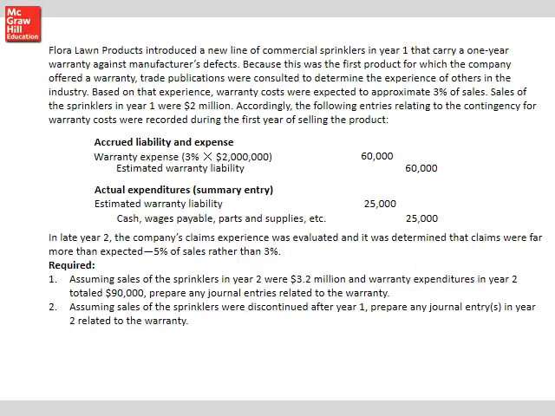Okay, late in year 2, the company's claims experience was evaluated, and it was determined that the claims were far more than expected, 5% of sales rather than 3%. So, assuming that the sales of sprinklers in year 2 were 3.2 million and warranty expenditures in year 2 totaled 90,000, prepare any journal entries related to the warranty.